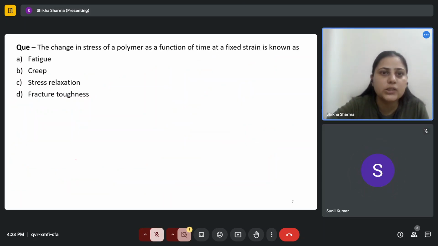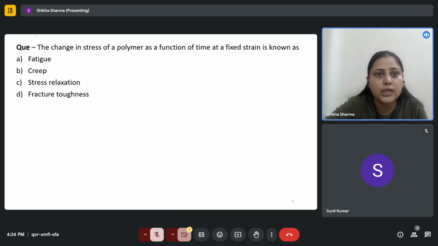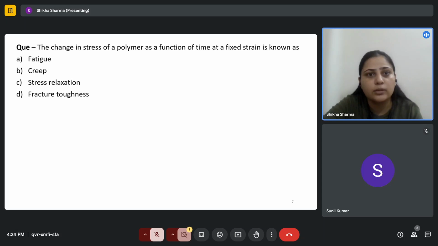The change in stress of a polymer as a function of time at a fixed strain is known as: fatigue, creep, stress relaxation, or fracture toughness. So it is saying that in a polymer, the stress is changing as a function of time, and the strain is fixed.